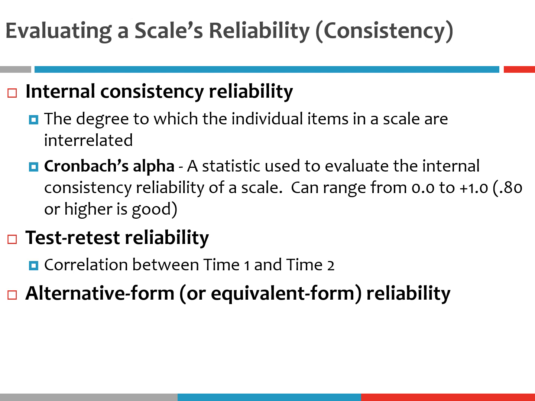You would want those tests to be highly correlated, because you wouldn't want to give half your students an easy test and half your students a hard test. You want it to be relatively equal, but you also want the questions to be different so they don't cheat off each other. And that's when you would use this alternate form or equivalent form reliability. So you have 2 versions of the same exam or the same scale, and you want to see, do they go together? They should be 0.80 or higher again.